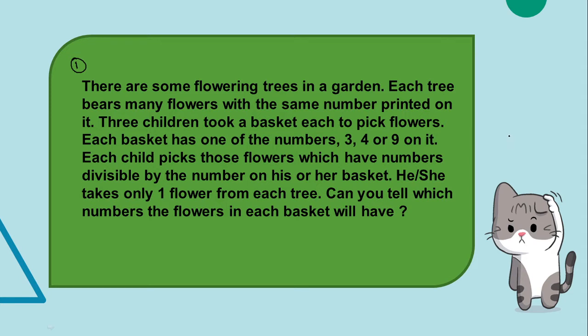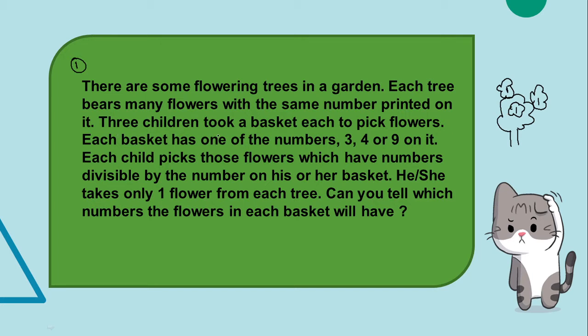Suppose this is a tree, and on this tree you have certain flowers, and suppose one flower has number 1. Then all flowers will have the same number, that is 1. That is, on the same tree there are flowers which contain the same number.